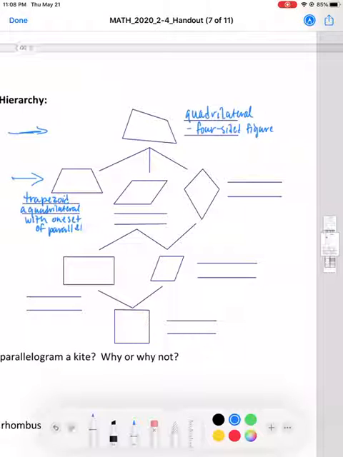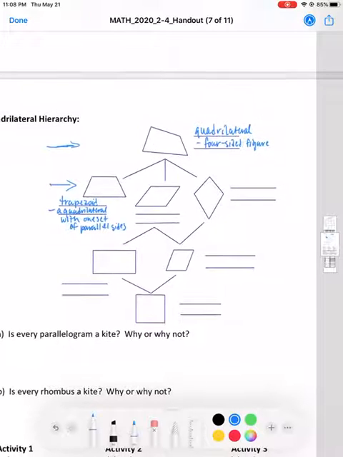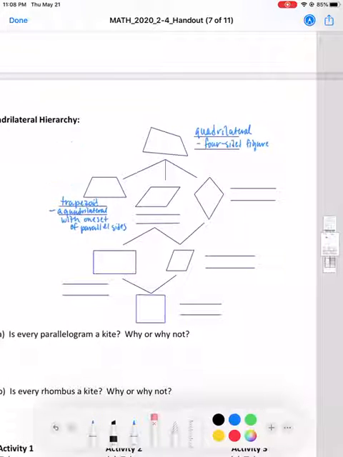I always get that confused. Parallel sides. Okay? That's a trapezoid. Here's level 1. Level 2, by those rows.